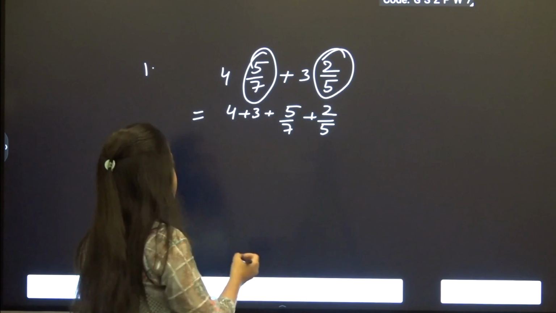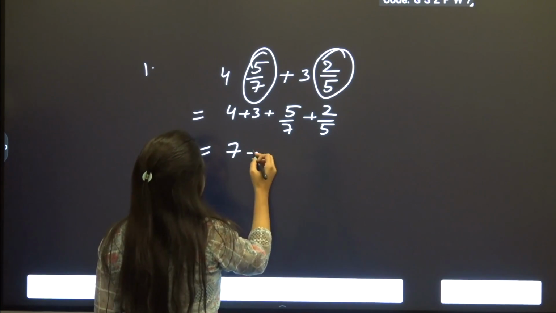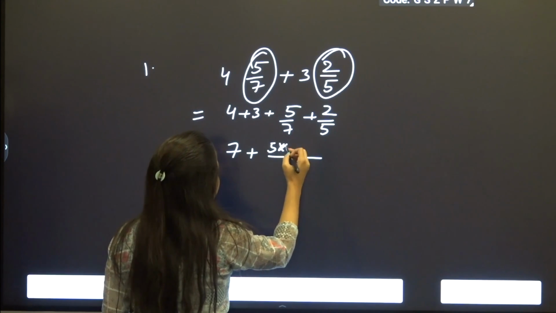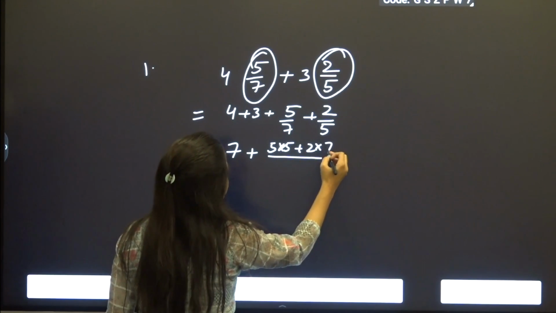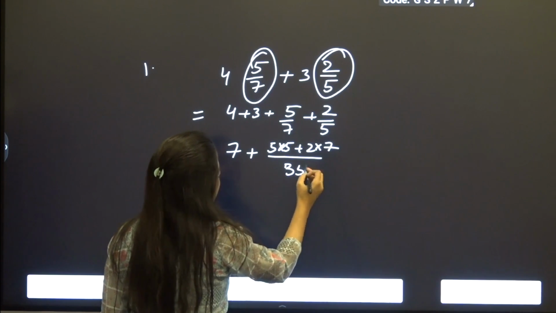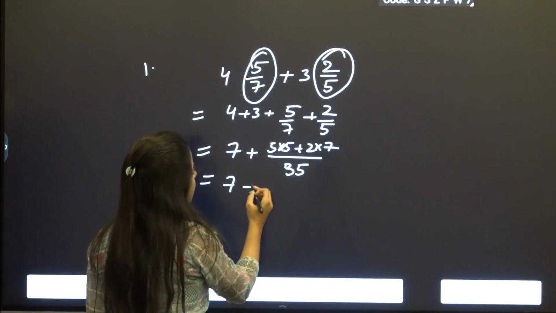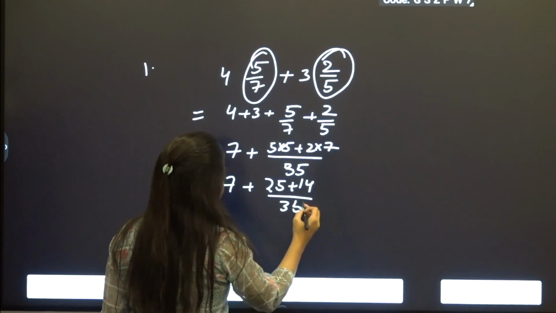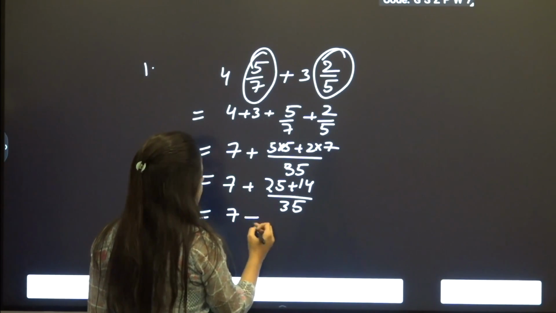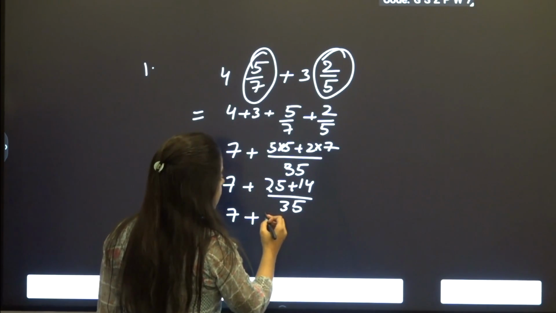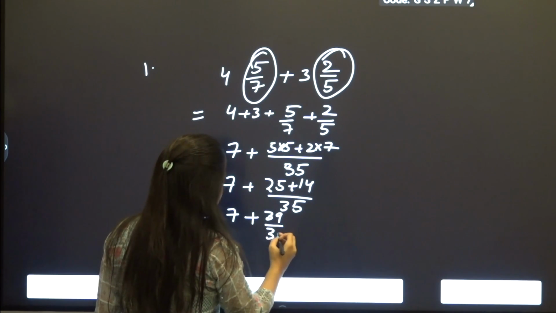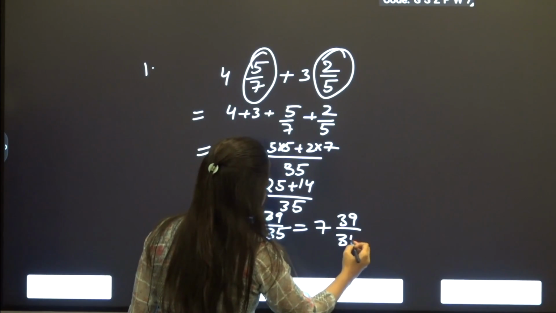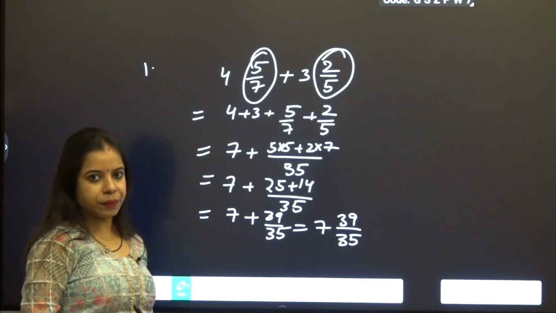So this will become 7 plus, again just cross multiply, 5 into 5 plus 2 into 7 upon 35. So this will become 7 plus 25 plus 14 upon 35, and this will become 7 plus 39 by 35, which is 7 39 by 35.